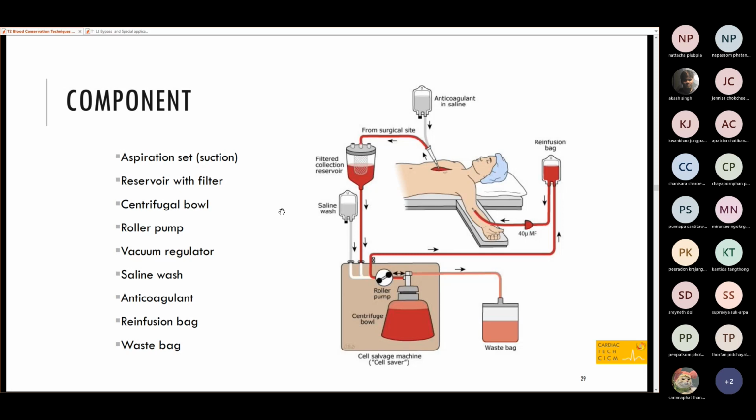Vacuum regulation, because we connect this reservoir with the vacuum to make suction from the patient. The saline wash is here, the anticoagulant is put in here, and the reinfusion bag is here, and the waste bag is here.